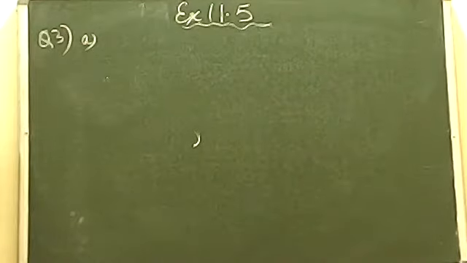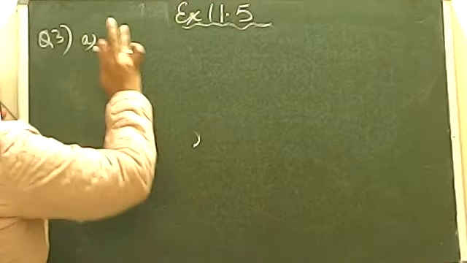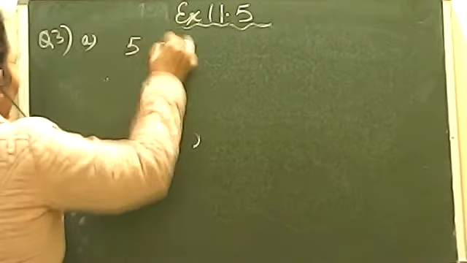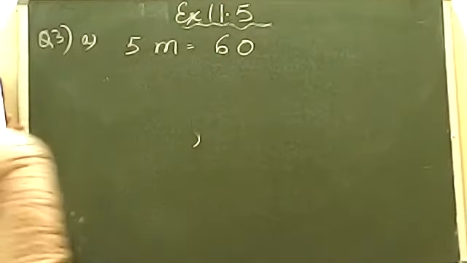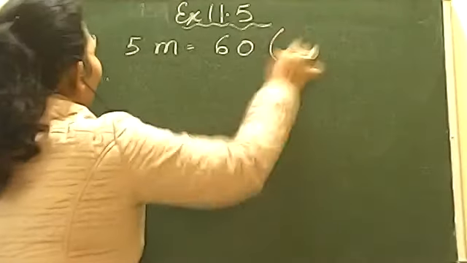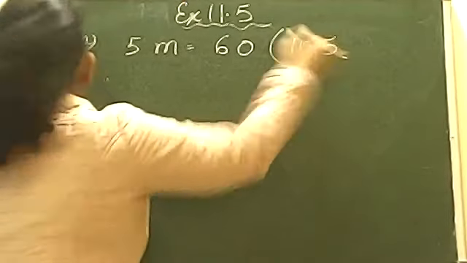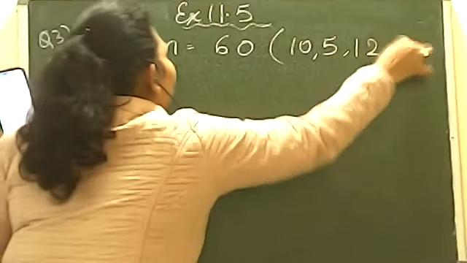Show that the other values do not satisfy the equation. How will you do it? Now look here. Suppose I am taking the first question, that is 5m is equals to 60. And in front of this equation, there are 4 values written: 10, 5, 12, and 15.